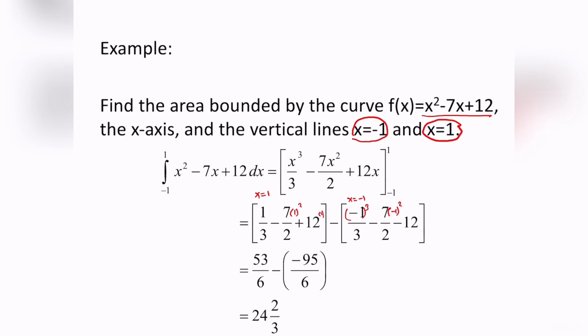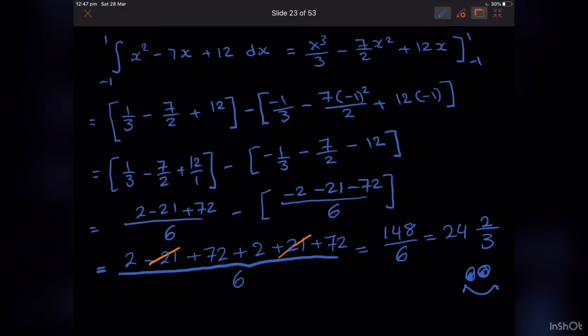When you work it out, it will give you this answer. I work it out in this slide for you to follow step by step, if that will be helpful for you.